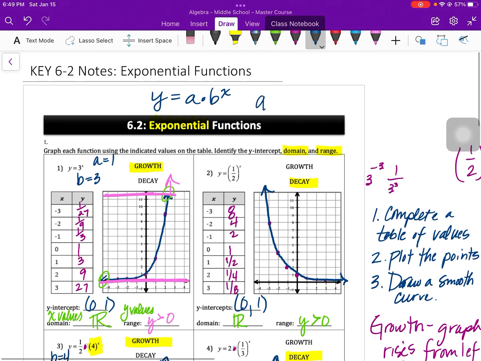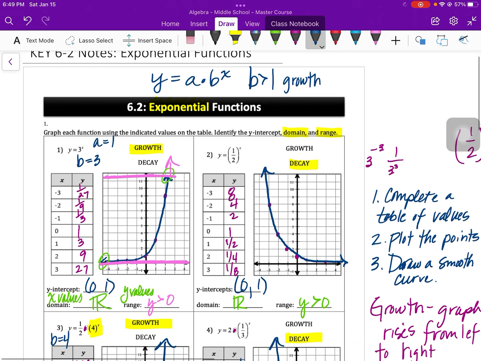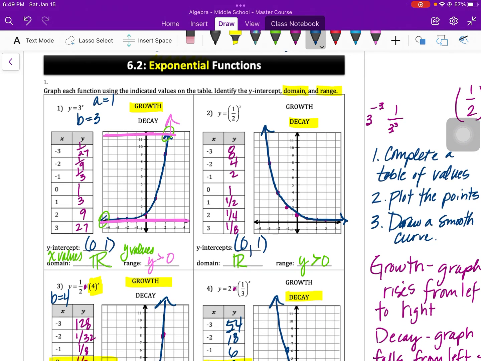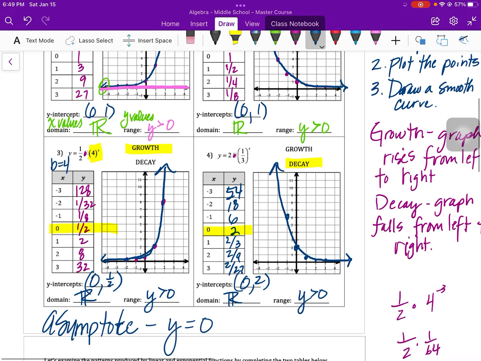So anytime b is greater than 1, it's going to be a growth function. Okay, let's look at our value of b in number 2 and number 4. In number 2, the value of b is 1/2.